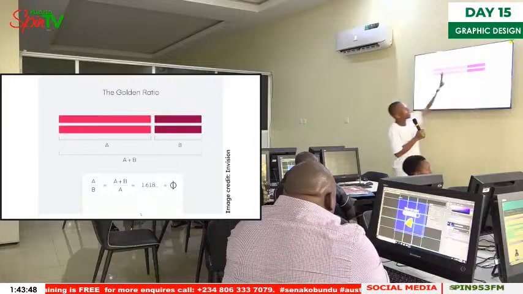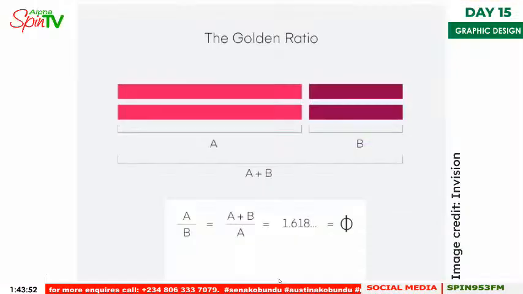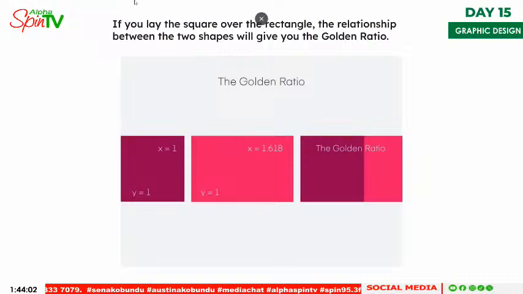So add both of them, then divide by A, and it will give you 1.618, which is phi. So note that figure, 1.618. Are we together? If you lay out the square over the rectangle, the relationship between the two shapes will give you the golden ratio.